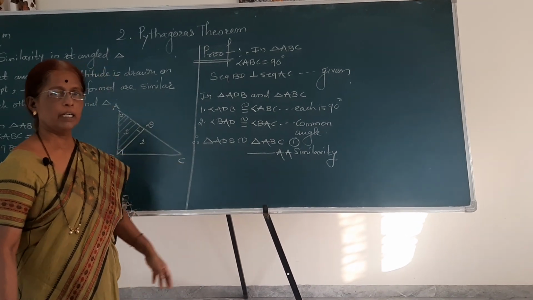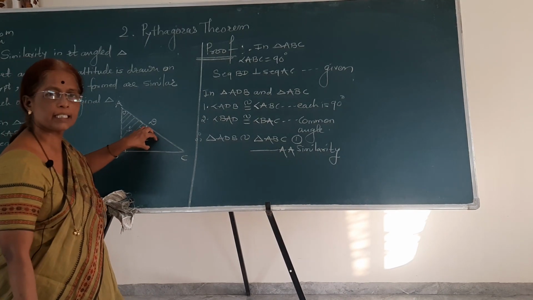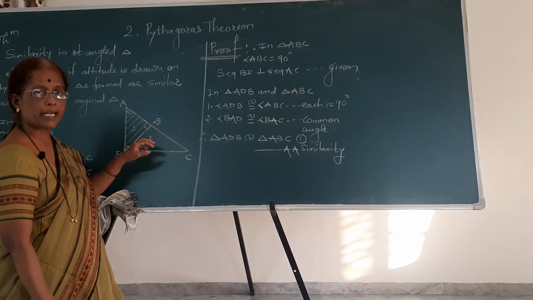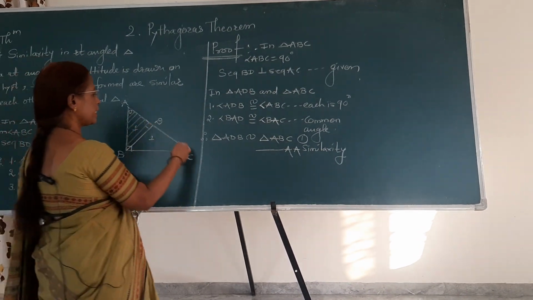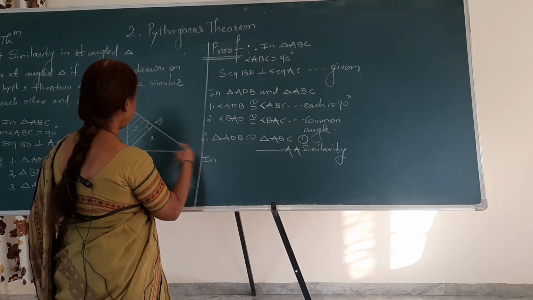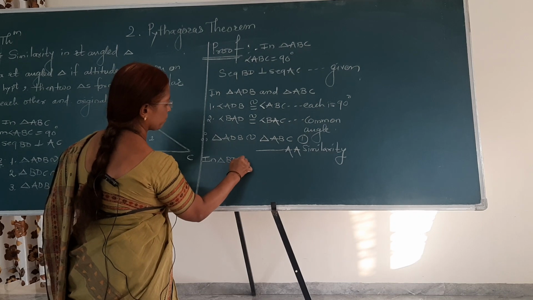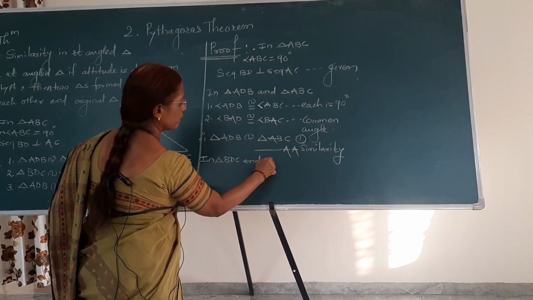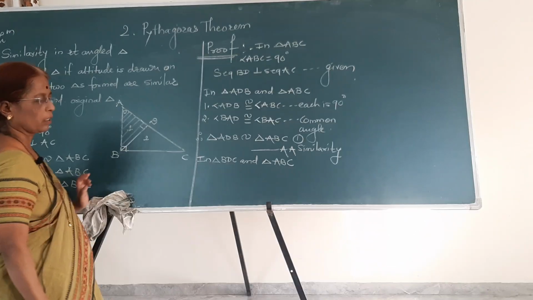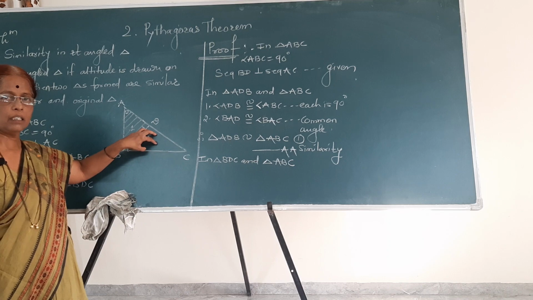Okay. Now for the second triangle, we have to consider second triangle and the original one. The name of the second triangle is BDC. So we'll say, in triangle BDC and triangle ABC, BDC and ABC. Okay.